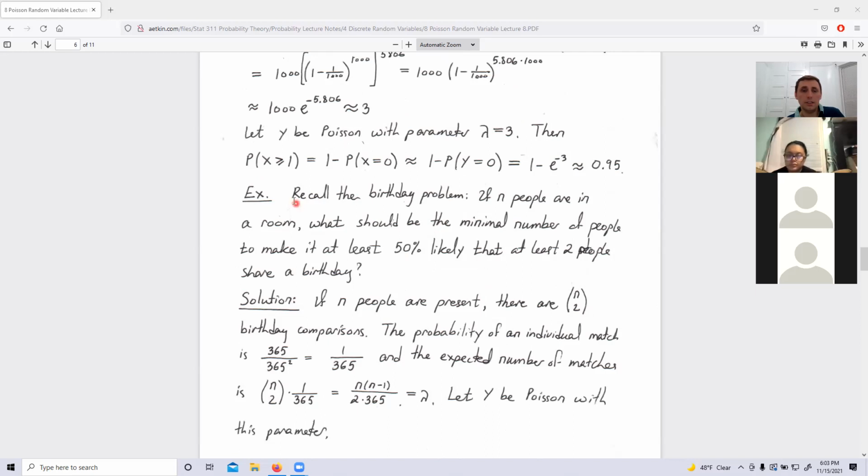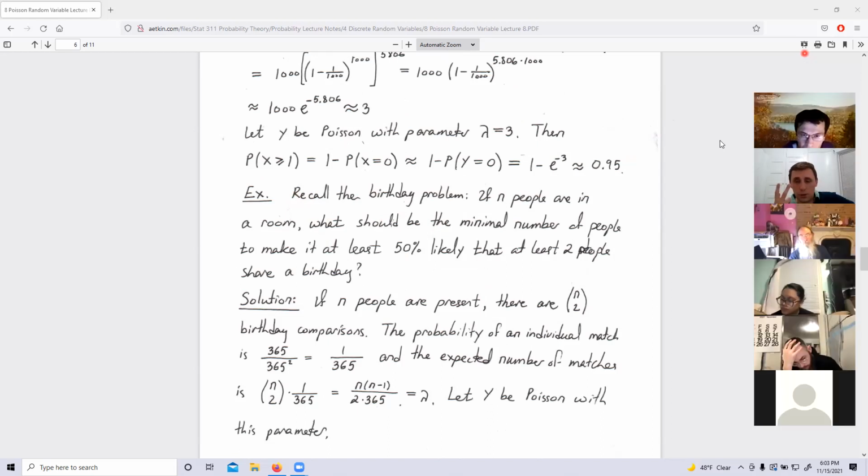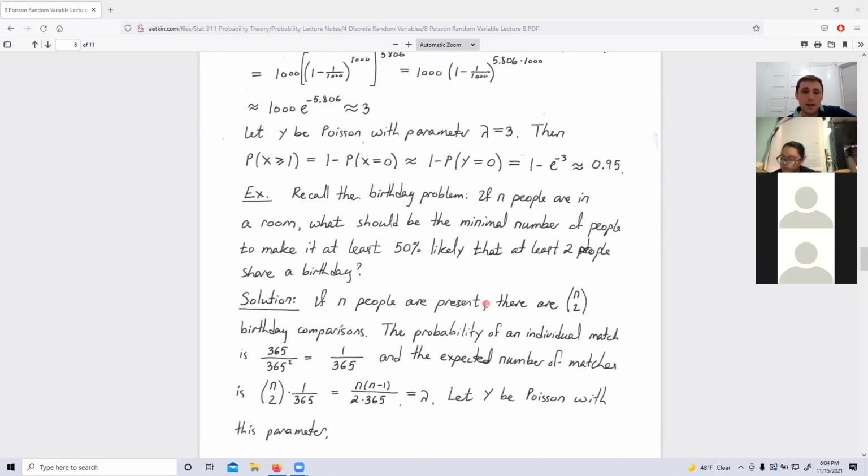And here is the birthday problem that we solved before. So here we have n people in a room, and we want to estimate what the number n should equal if I want at least a 50% likelihood that 2 people match on a birthday. And what is that?